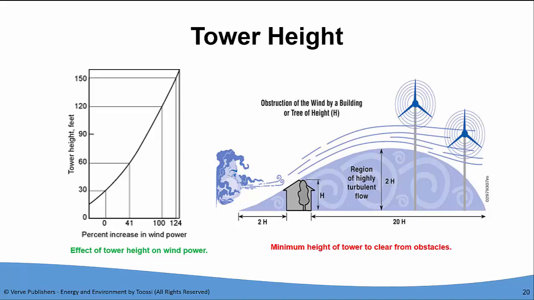The higher elevation is actually better because the wind picks up, so the efficiency will be higher. The disadvantage is, of course, you need a much bigger tower, and towers are very heavy and expensive.